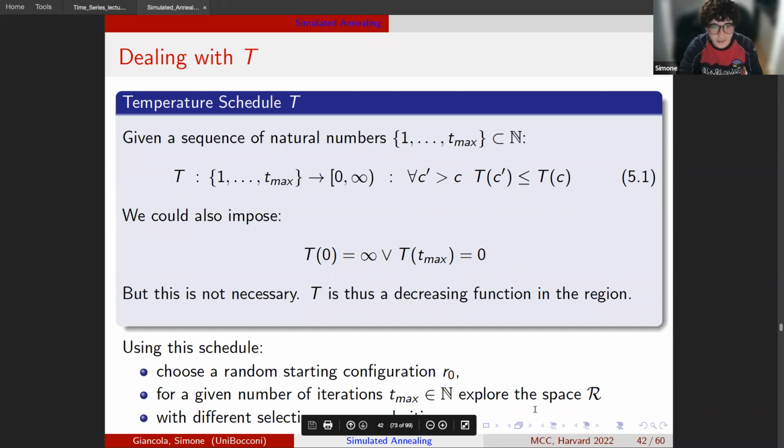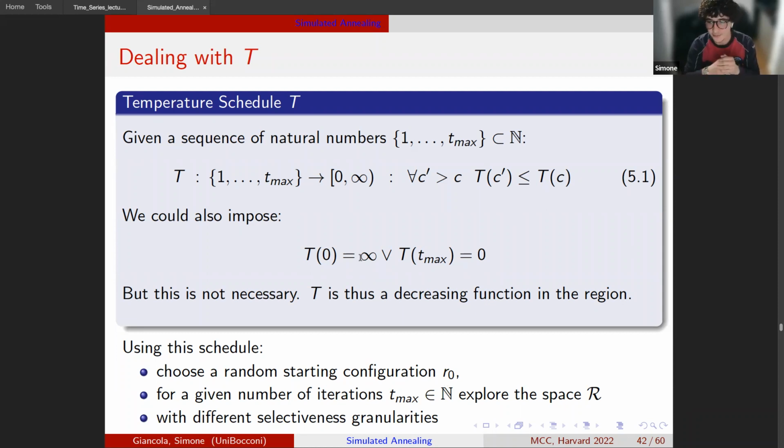Oh, sorry, you cannot see this last point. Well, yeah, this implies that starting from a uniform distribution, which is just an exploration of the space, we iteratively get more and more selective.